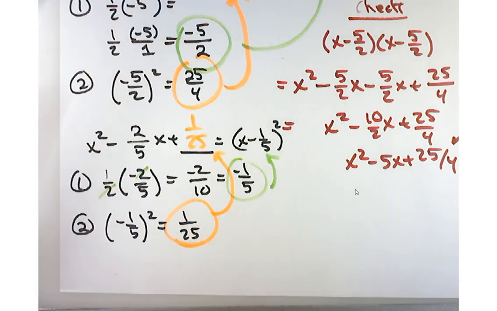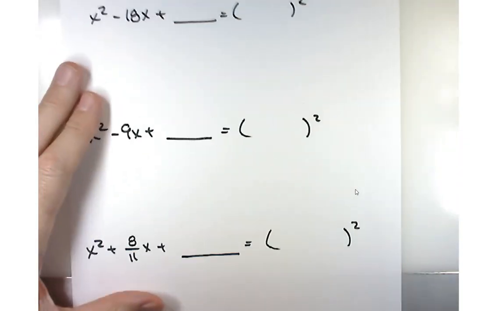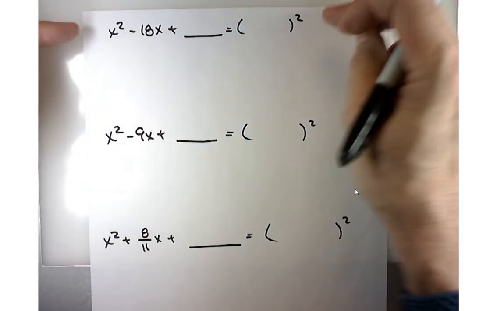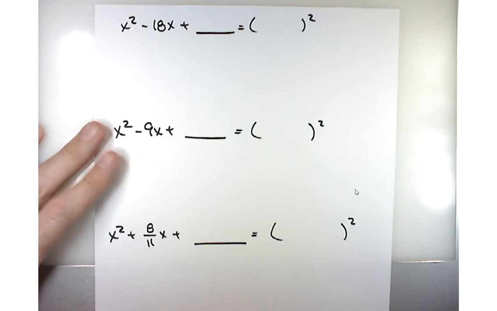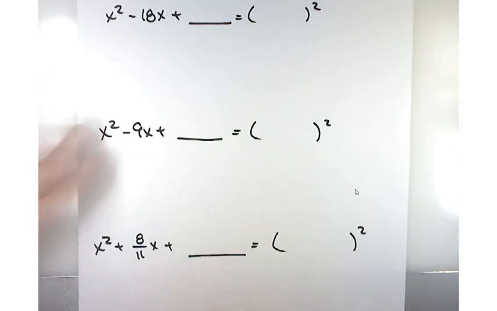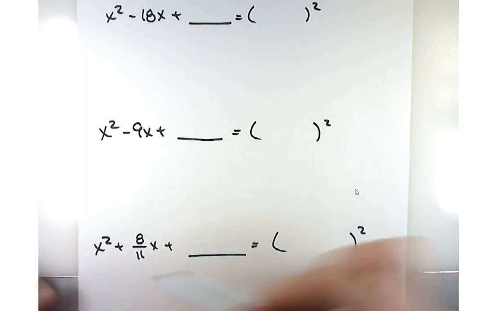Do you want to do a couple more like this to practice? Maybe 3 quick ones? All right, let's bang these out. 3 more. Easy, medium, hard. And when you get down to the last one, I would suggest that you simplify the fraction before you start squaring it.